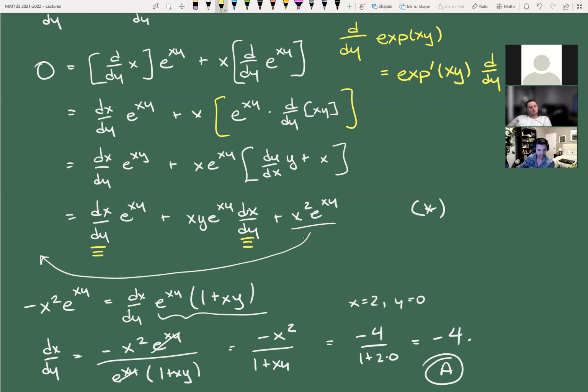Does that make sense? Do you see how it's the chain rule if I write it like that? It's the derivative of the outer function evaluated at the inner function times the derivative of the inner function. And the exponential function, which I'm writing here as exp, is just its own derivative, right?